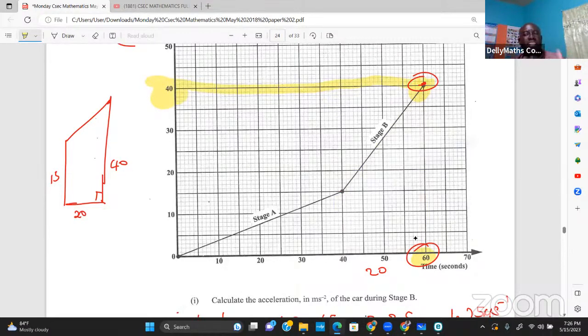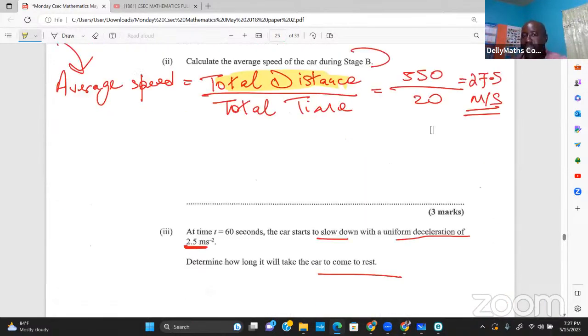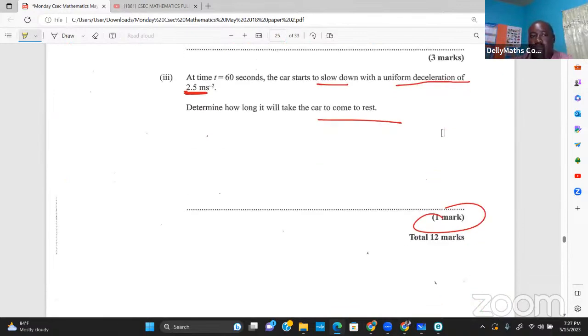So if my speed is 40, and I'm going to be dropping 2.5 meters per second every second, how long before it comes to 0? You could simply think about it and you get the answer. You know? Because we're talking about, watch this, the time for it to come to rest.